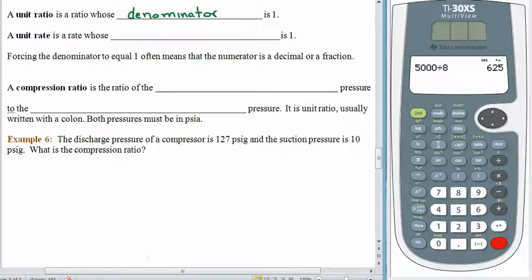And we had something like that a second ago when we were talking about the current transformer ratio, right? We had a ratio of 625 to 1. A unit rate is a rate whose denominator is 1.